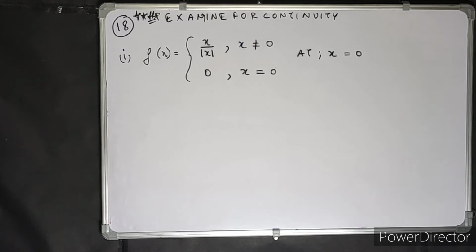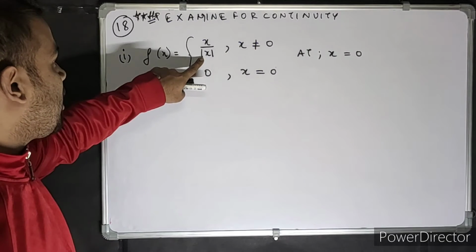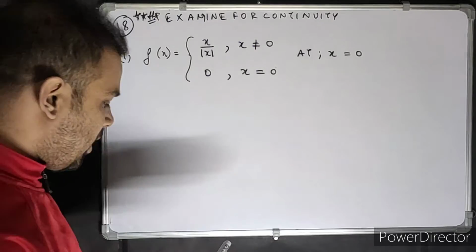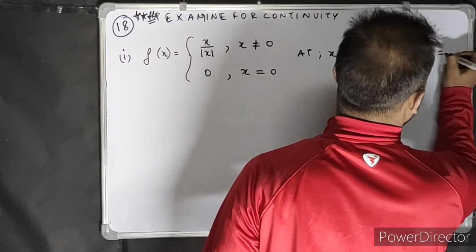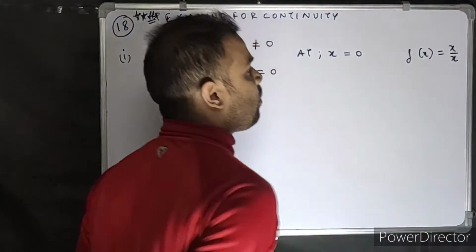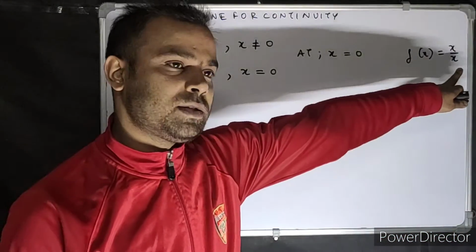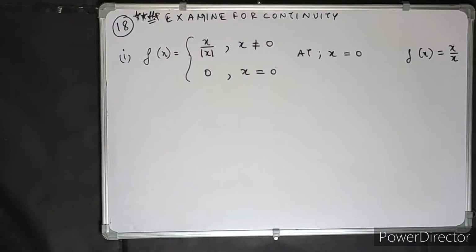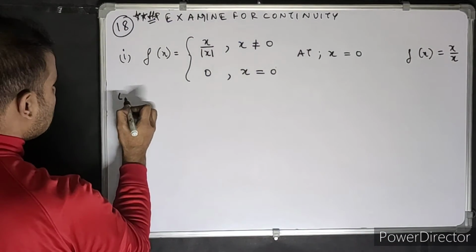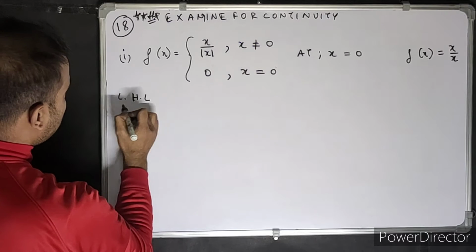Now, first of all, f of x will become x by x when x is not equal to 0. Don't solve that x by x, not as of now. Okay, let's start with the LHL, the left hand limit.